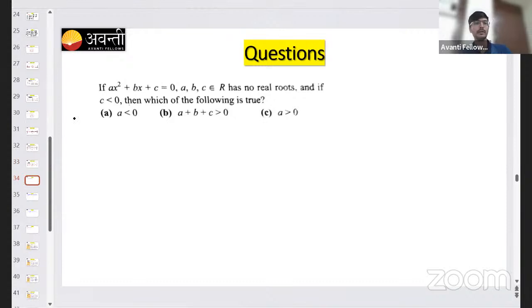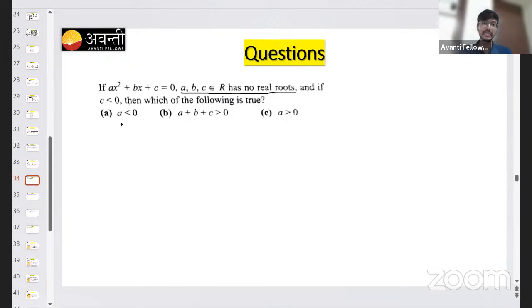If it is a very good question, it is given ax square plus bx plus c is equal to 0 has no real roots. That means this quadratic has no real roots. That means the roots are imaginary.